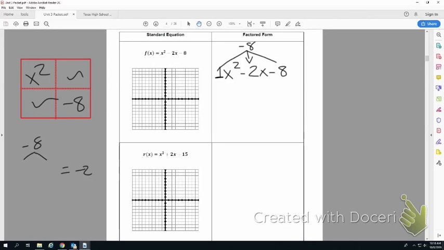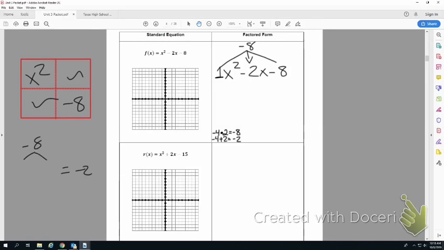Make sure your signs are correct. Negative 4 and what? Negative 4 and positive 2. All right, know what we're looking for here, guys. They're factors, so they would multiply to give me the negative 8, and they would add up to give me negative 2. So the numbers I'm looking for are negative 4 and positive 2.